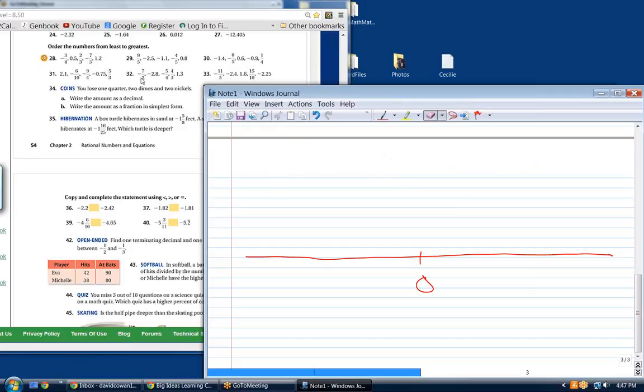So how are we going to compare minus 7/2 with minus 2.8?